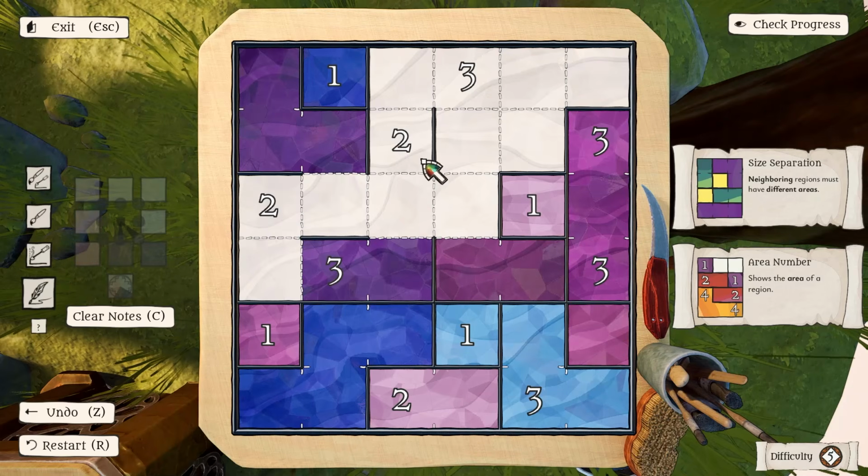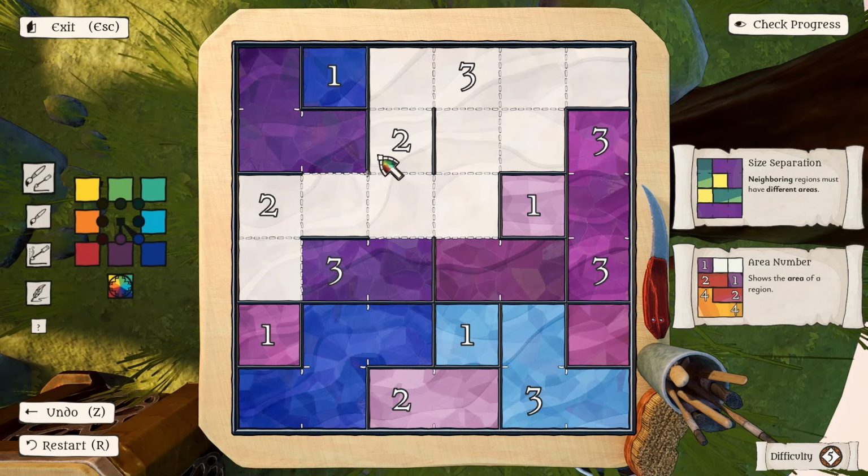Okay. If you go down, is there a problem? Again, this can't be a 1, so it has to be part of this. If you go down, more importantly, this has to go that way. This 2 has to go there. 2 2s next to each other. Okay, so you go up. Bifurcation, but whatever.